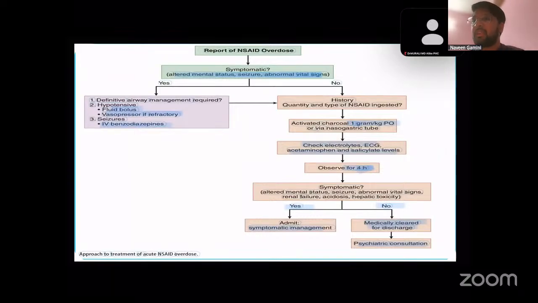If the patient is not symptomatic, then we identify the quantity and type of NSAID ingested. We go with decontamination using activated charcoal and check the electrolytes and other co-ingestions. If vitals are all stable, we observe for 4 hours. If there are still a few symptoms, then we admit. If there are no symptoms, then medically we can discharge along with psychiatric consultation.